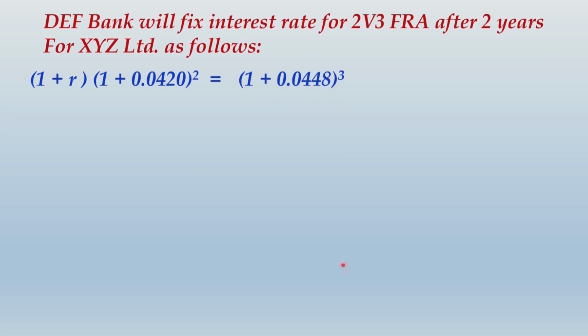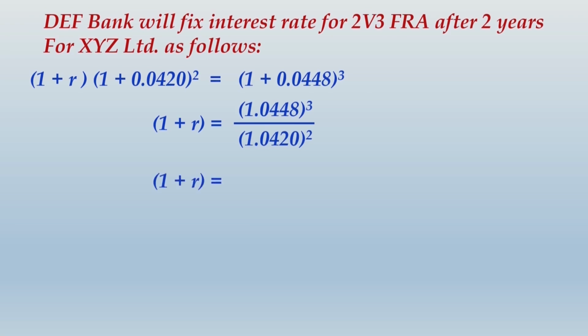Now, when you solve this equation, you will get the value of R. So 1 + R = 1.0448^3 divided by 1.0420^2. 1 + R will be 1.1405 divided by 1.0858, and finally 1 + R is 1.0504.